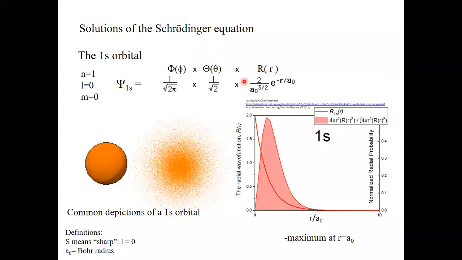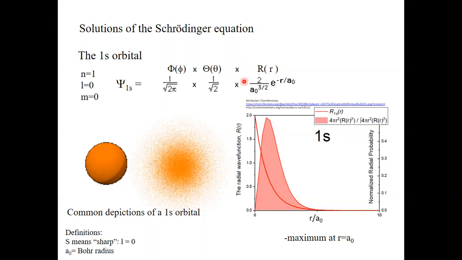At least we outlined the process, and the result was that there are three-dimensional wave functions that are a function of three quantum numbers: the quantum number n, the quantum number L, and the quantum number m.